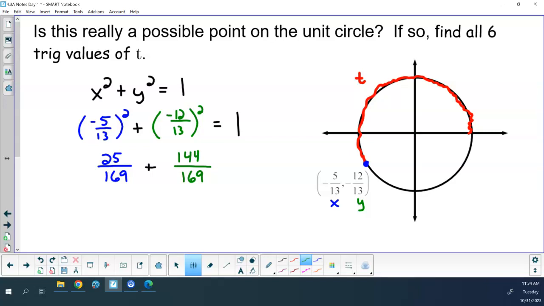Yep. If I have common denominators, what do I do with numerators? Add them. 25 plus 144 is 169. Is that equal to 1? Yeah, that equals 1, right? So is this point on the unit circle? Yes, it is on the unit circle.